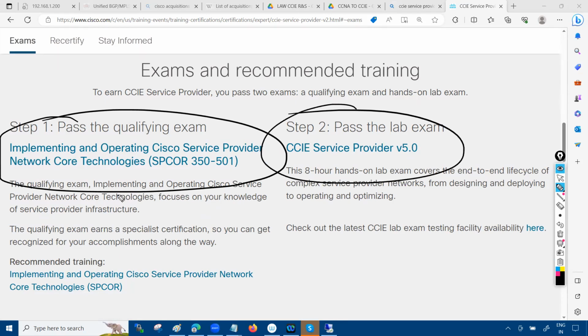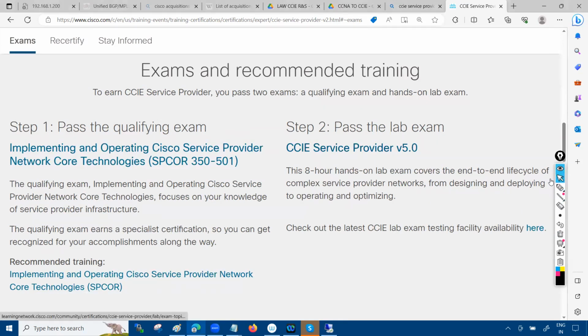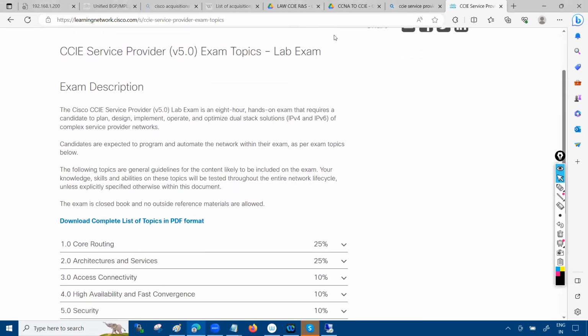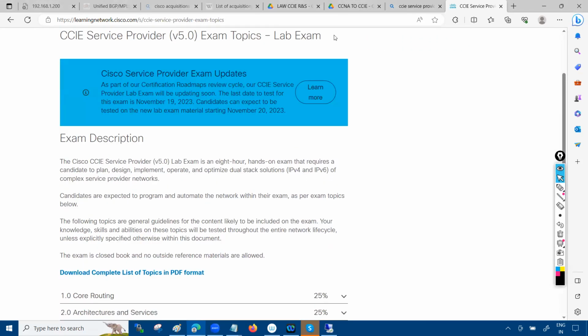We are going to cover the SP Core, that's the CCNP, you can call it. And we are going to cover the CCIE too. So I'll open one of the papers right now. Okay, so CCIE Service Provider, because if you do the CCIE, it will all be automatically covered. I'll send you the link as well, so you can follow the topics, whatever topics are there.